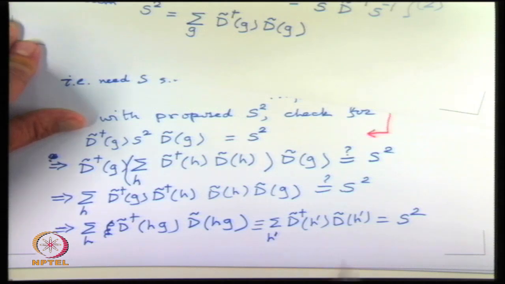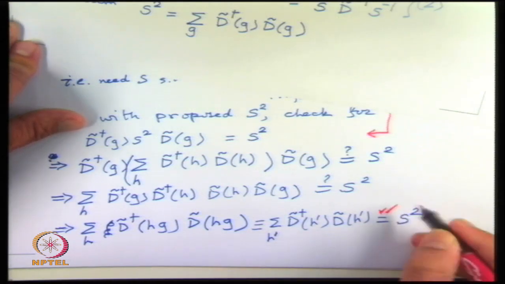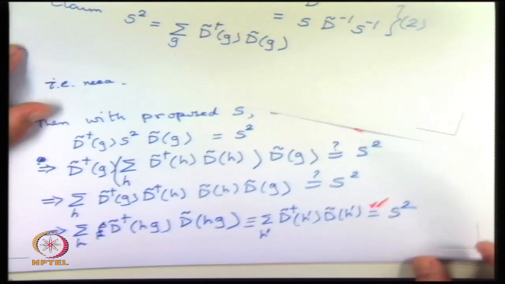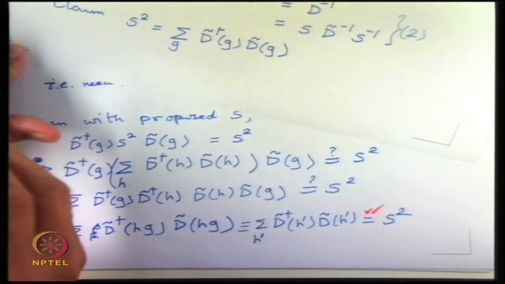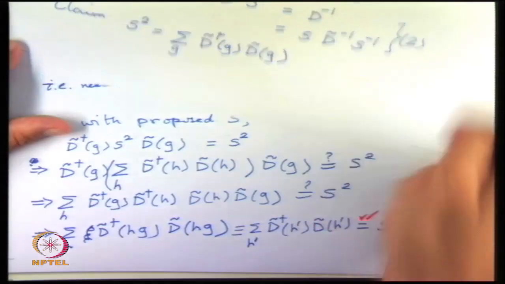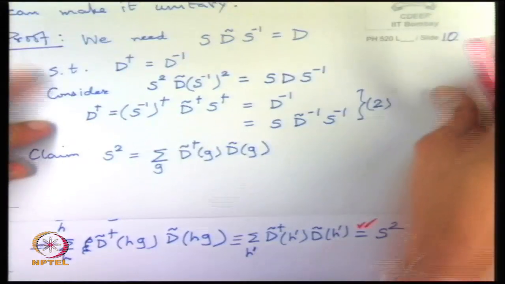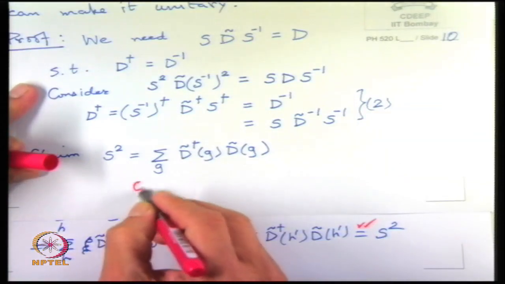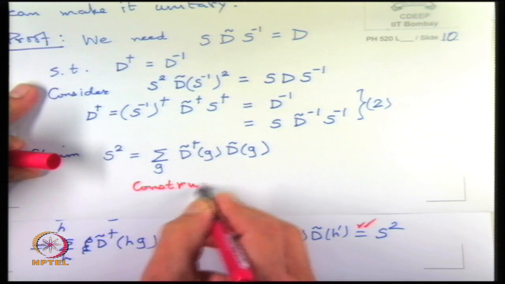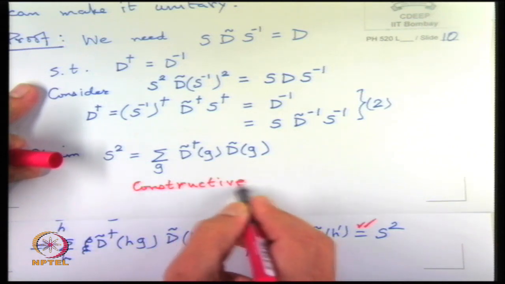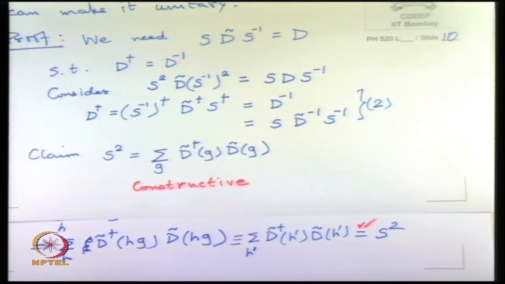Okay. So if we were given any arbitrary D tilde, this is a constructive proof, okay. This is what is called a constructive proof. Some proofs in mathematics are such that they give you no clue how to actually carry it out, they just prove the existence.